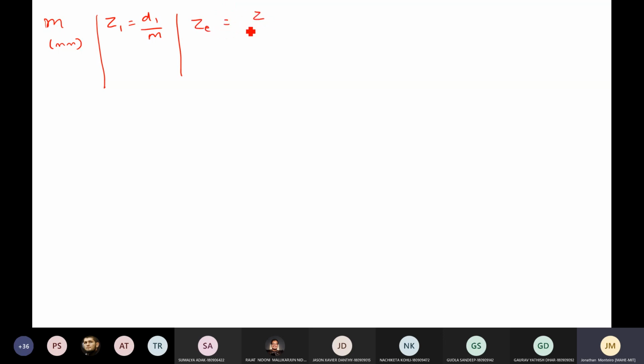Ze is equal to z by cos delta, where delta is equal to 45 degrees, and y1 is 0.154 minus 0.192 by ze, for 20-degree full depth. This is ze, not z. Then m into y.